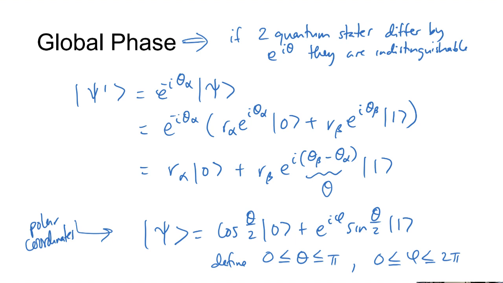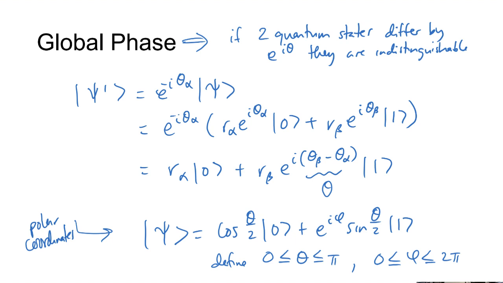And then I can further simplify this. So now I just have r alpha times 0 plus r beta e to the i (theta beta minus theta alpha) times 1. Then you can just call theta beta minus theta alpha theta. And this gets us down to just having 3 parameters, r alpha, r beta, and theta.